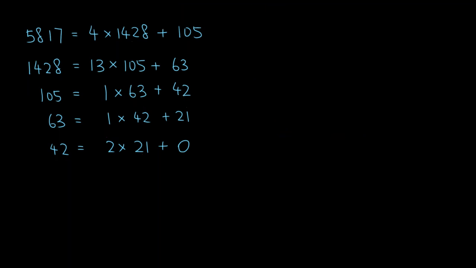There's more that we can say about the Euclidean algorithm. For each of these equalities, we can rearrange to write the remainder as the subject. So the first line becomes 105 equals 5817 minus 4 times 1428.